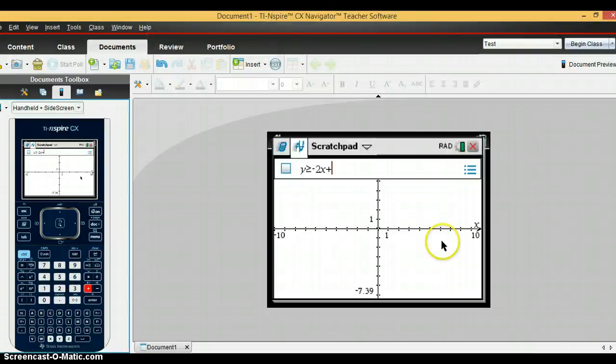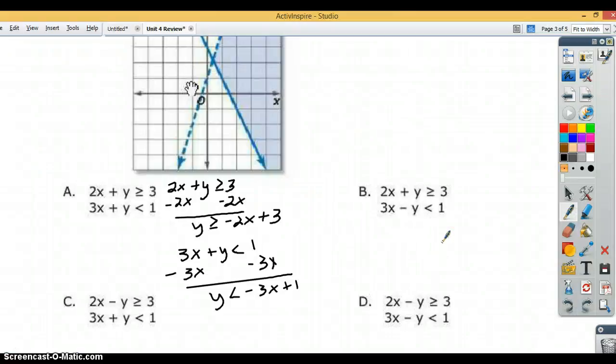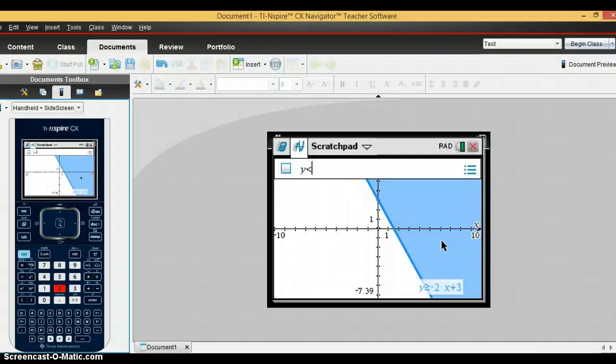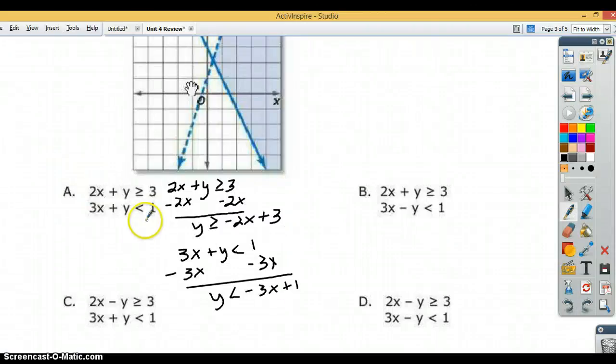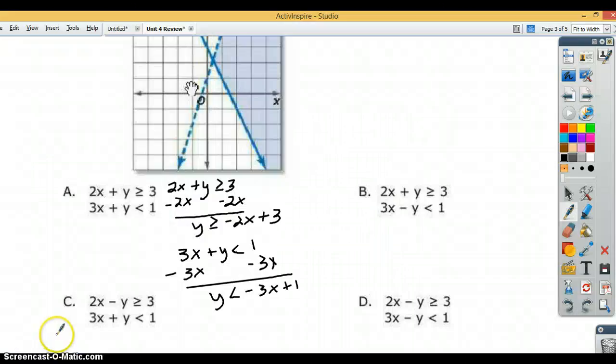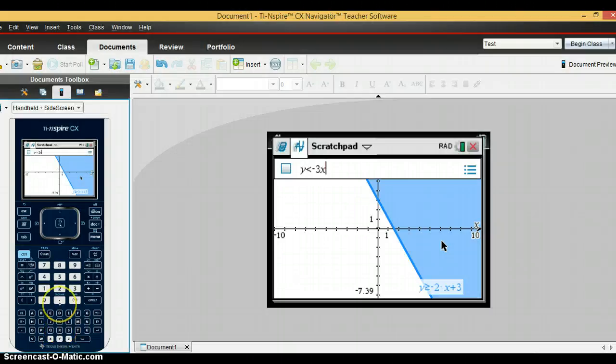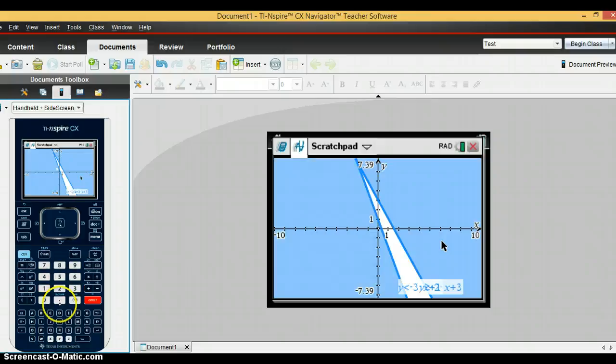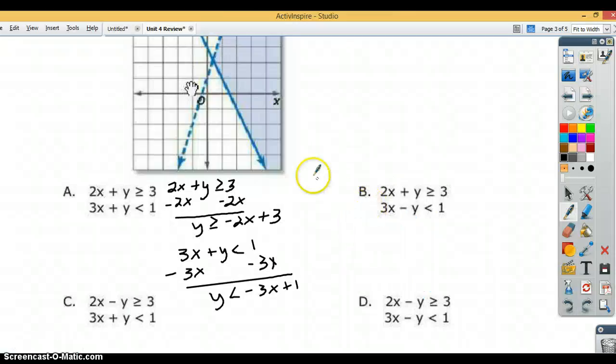Wrong spot. So plus 3 gives us that. Then we have less than, which is 2, negative 3x plus 1. So if I look at this, this graph does not even come close to matching that one. So that's gone.